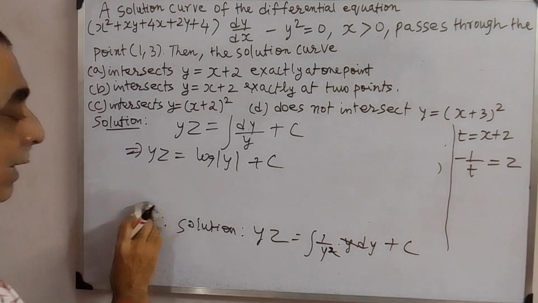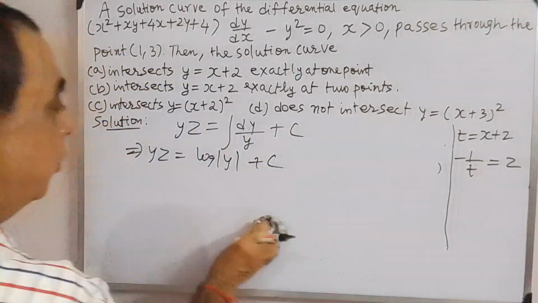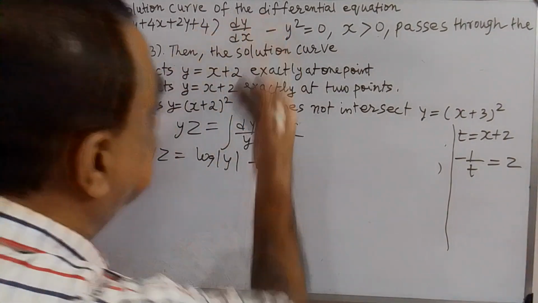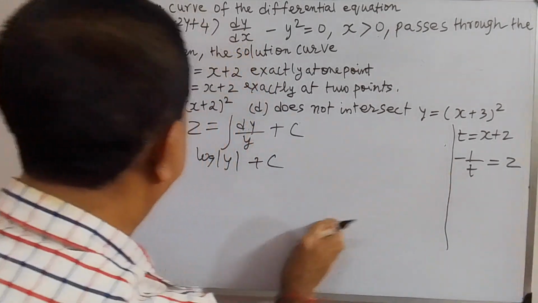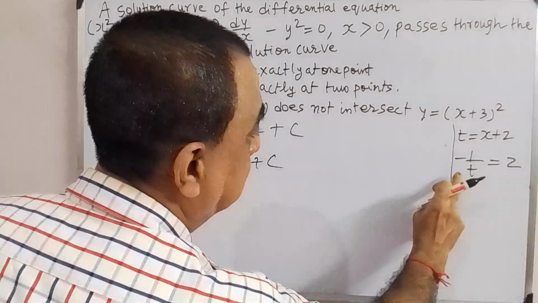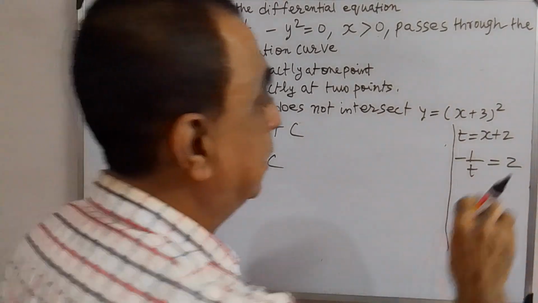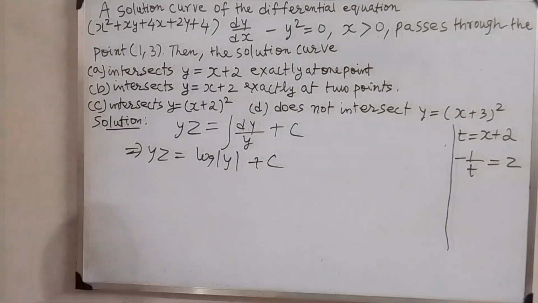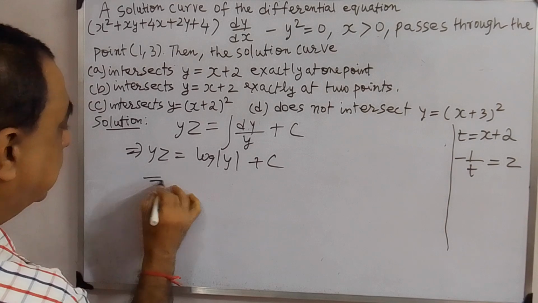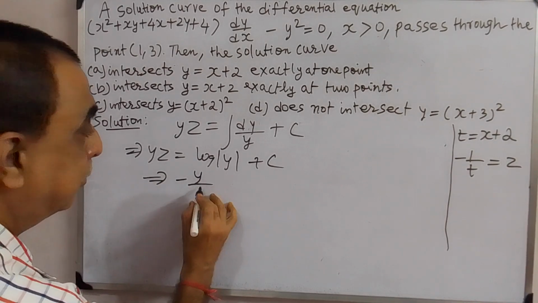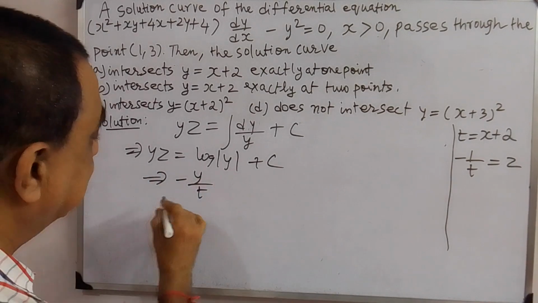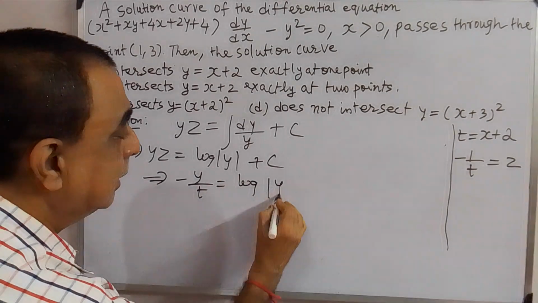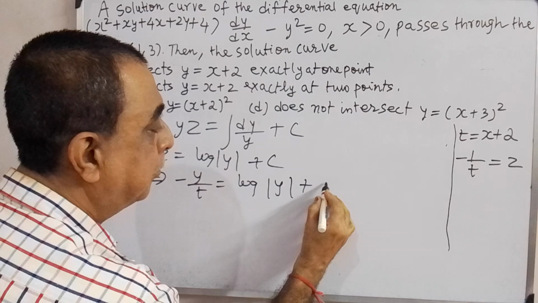Now change it back into the original form. In the given question, there was no Z or T, so we'll now change back into the original form. For Z, I am putting minus 1 by T, where T was x plus 2. So minus 1 by t is equal to log of mod y plus c.